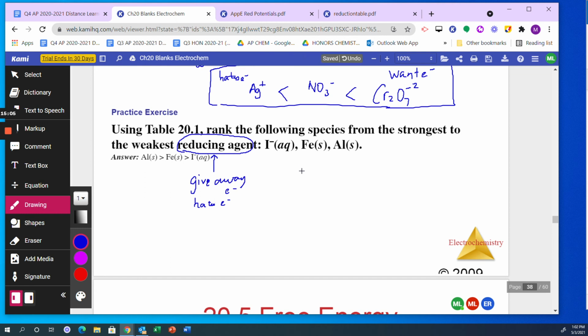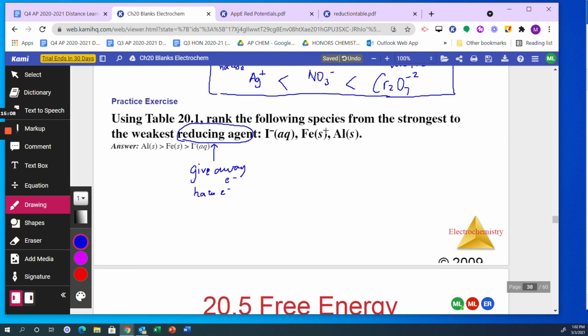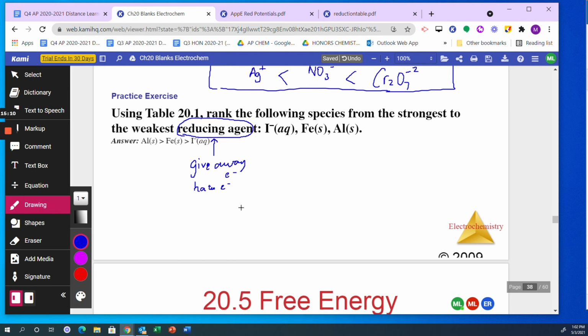From strongest to weakest, if you were to chart it, a strong reducing agent hates electrons the most. I would go this way. This one is the strongest, hates the electrons the most, and this one would not hate electrons as much.